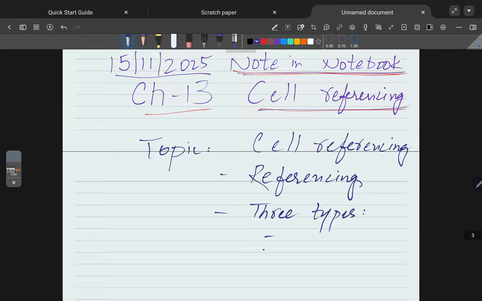What are these three types? Please observe carefully. It is relative, then absolute, then the last one is mixed. So there are three types of referencing we have covered today. Children, please start working with questions and answers also.